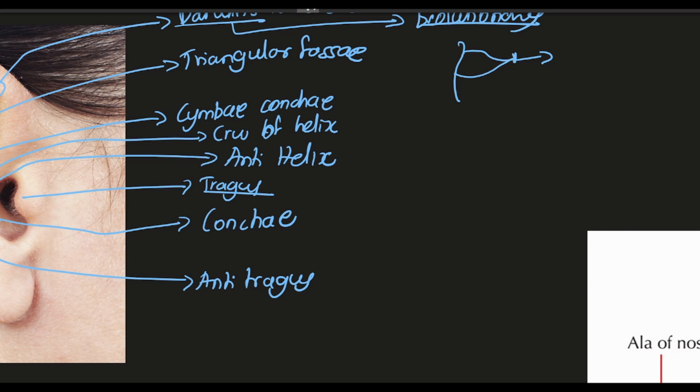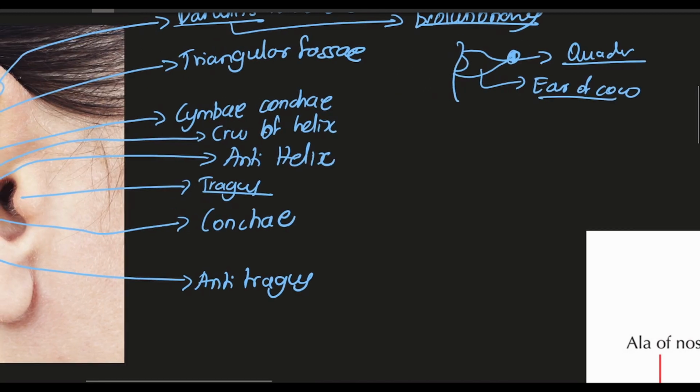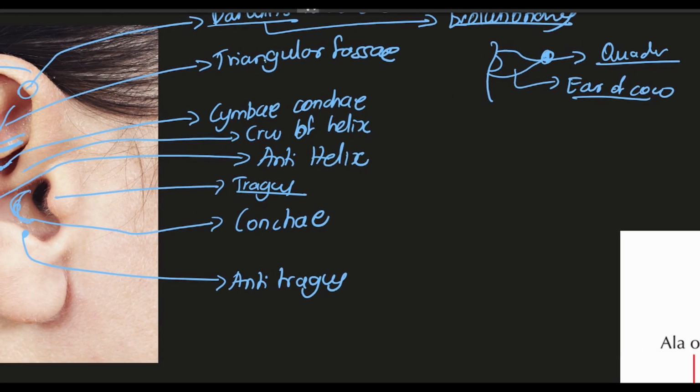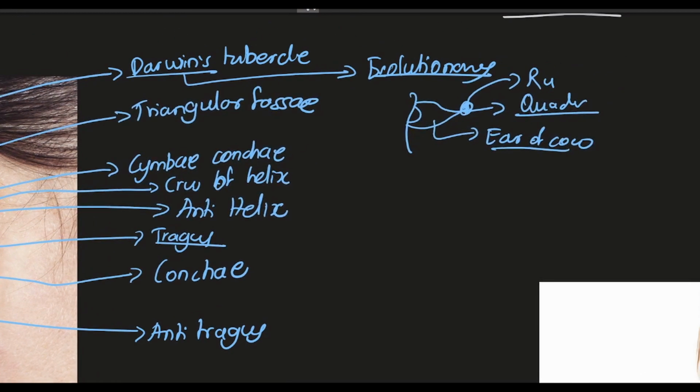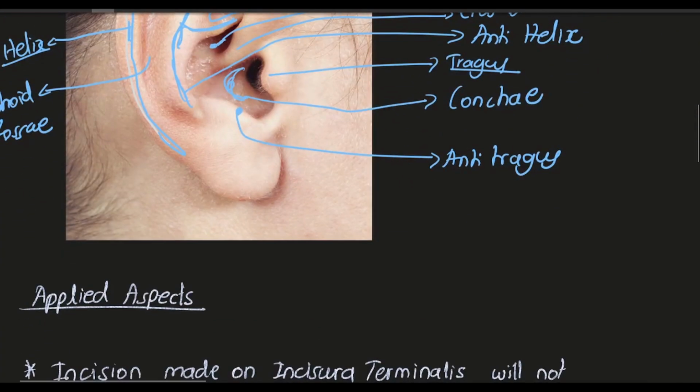Consider this is the ear of a cow, this part will be pointed in quadrupeds. As we have evolved, this is rudimentary in our case.